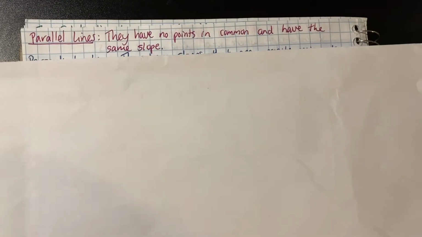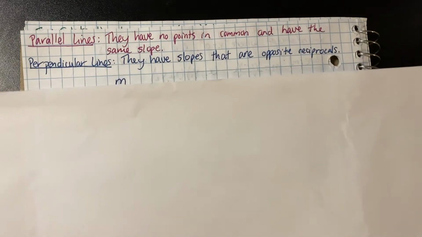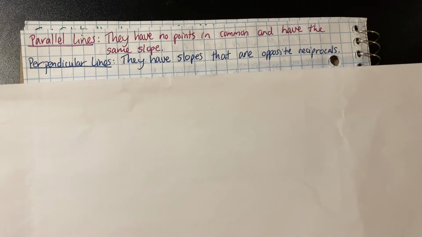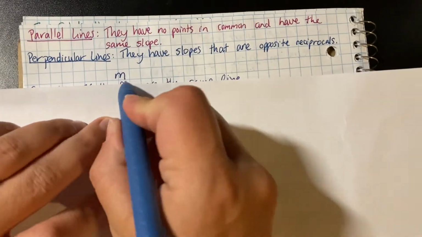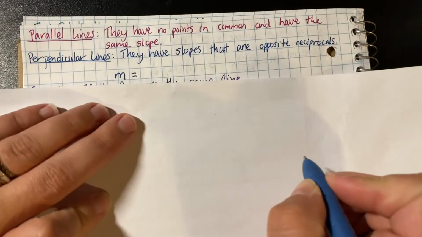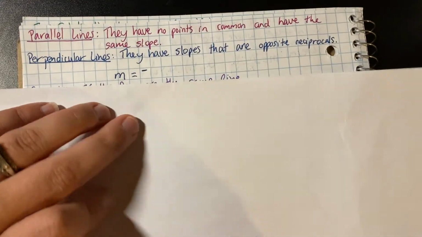Parallel lines. The important thing about parallel lines to remember is that parallel lines have the same slope and they have no points in common. Okay. All right. Perpendicular lines. Perpendicular lines are opposite reciprocals. Their slopes are. So what does that mean? So they're m. If it's the opposite, we're going to use a negative sign. And if it's a reciprocal, we are going to flip it.